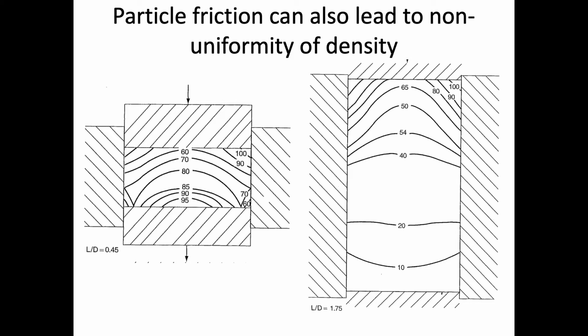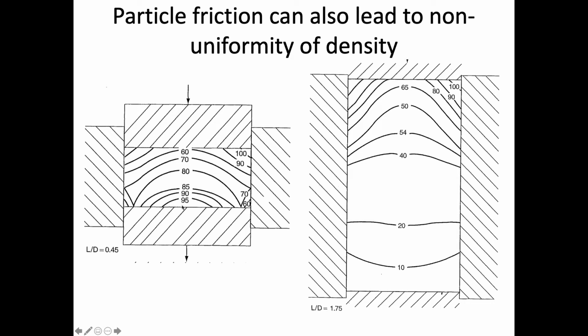All right, so another problem that can develop is the non-uniformity of the powder itself. So we mentioned that we need a free-flowing powder so that the powder will flow out of that hopper in the commercial setup. Well, we also want it to be free-flowing so that when we apply the force, it's allowed to distribute within the die so that we have an even distribution of pressure.